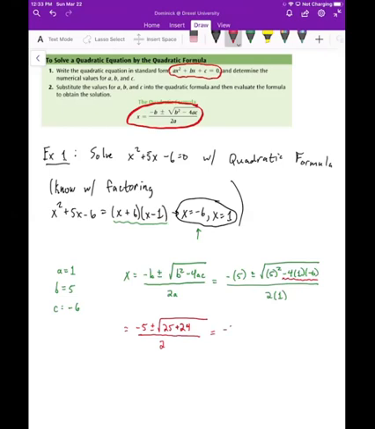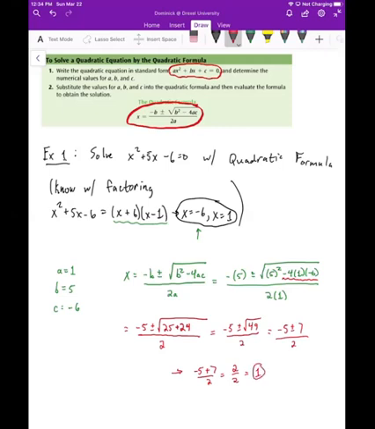Of course, 25 and 24, we can combine to be 49 over 2, and the square root of 49 is just 7. So we get two answers here. We get -5 plus 7 over 2, which is 2 over 2, which is 1.